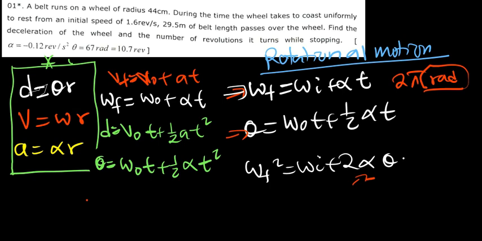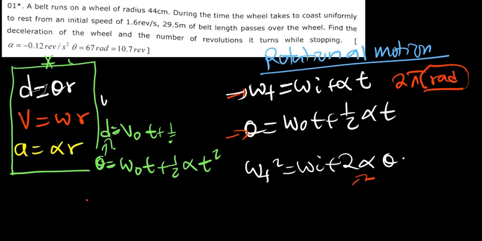So I'm just replacing the rotational equivalents. Theta is the same as d, but when we're using theta, we're talking about circular motion. When I'm using d, I'm talking about linear motion. When I'm using omega, we're talking about rotational motion. Rotational motion is the same as circular motion. Still behind? No, sir, I've understood.